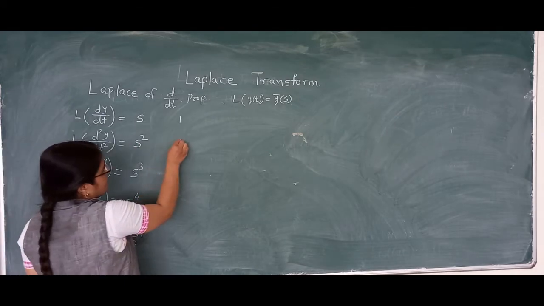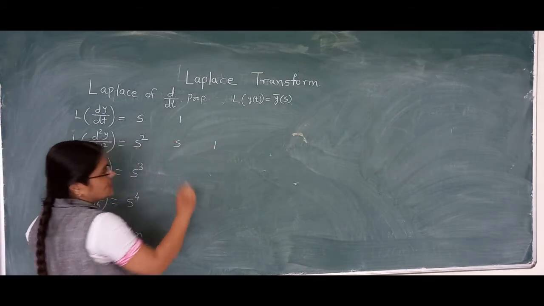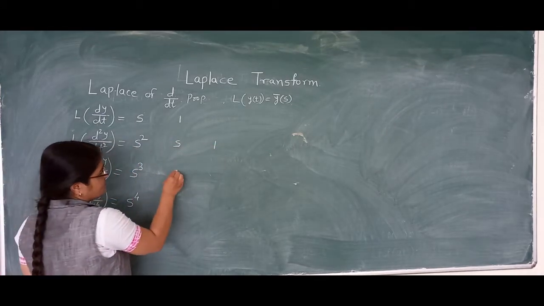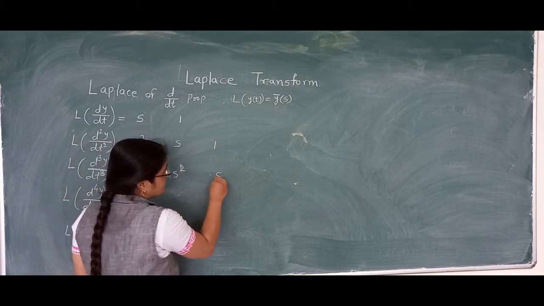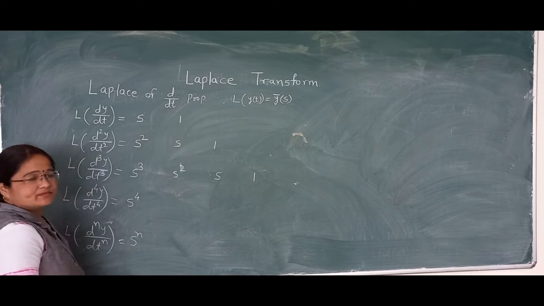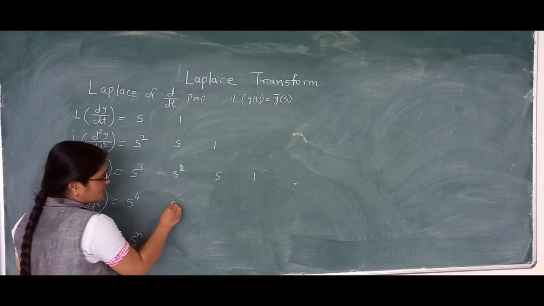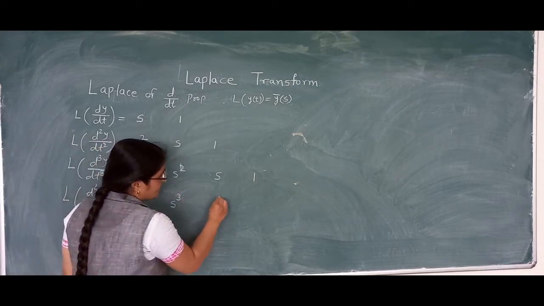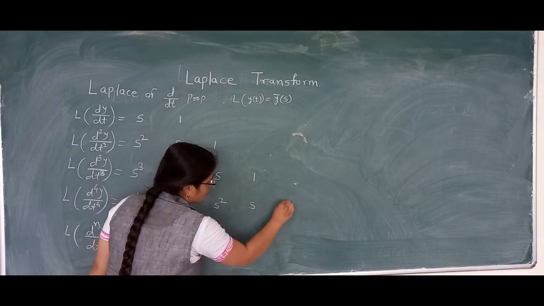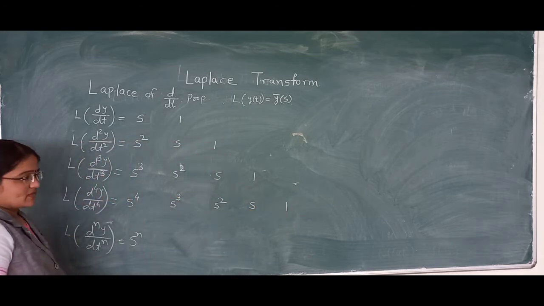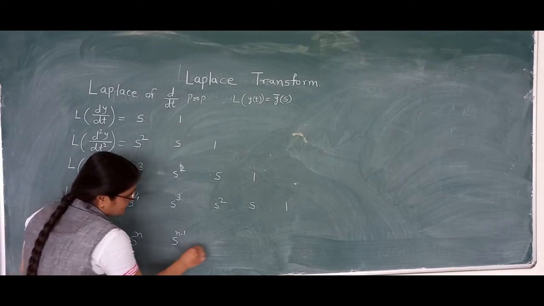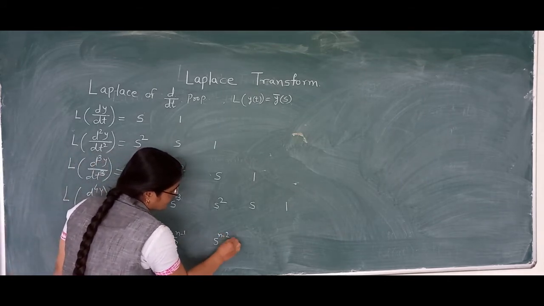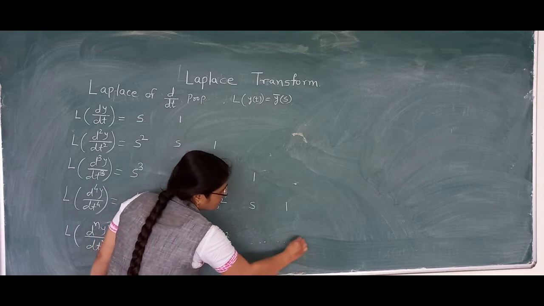So s square, s, 1; s cube, s square, s, 1. Similarly, s raised to 4, s cube, s square, s, 1. And similarly, s raised to n, s raised to n minus 1, s raised to n minus 2, and so on up to 1.